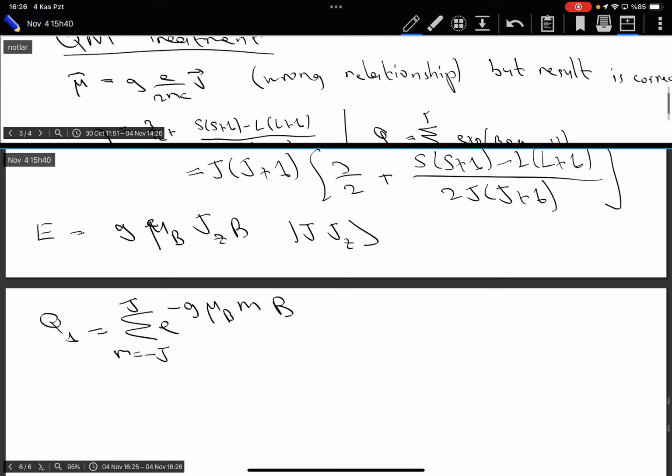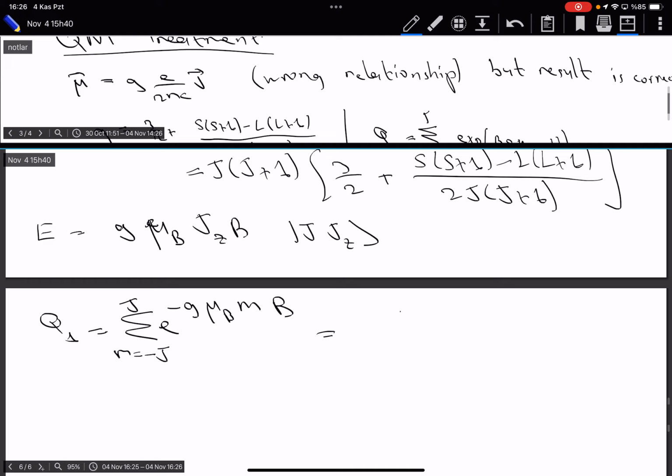So what is that sum? How do you calculate this sum?